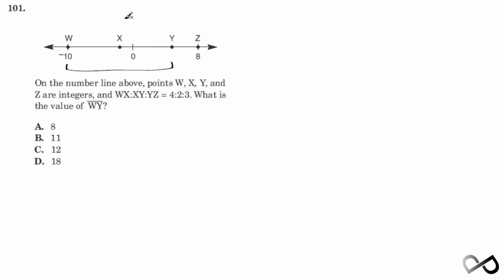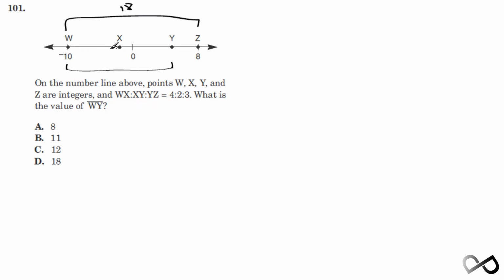Let's see here. What is the total distance? The total distance from w to z is going to be 8 minus negative 10. So 8 minus negative 10, that's a double negative. It's the same thing as 8 plus 10. So the total distance here is 18.